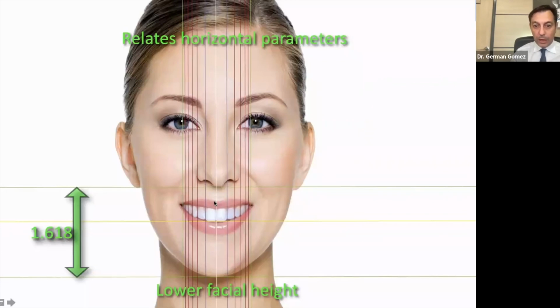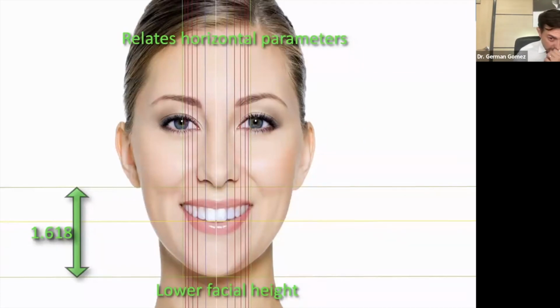Usually it is the philtrum that is reliable. The philtrum is the depression of the upper lip, where the lip goes down and up. That should be congruent with the midline of the central incisors.